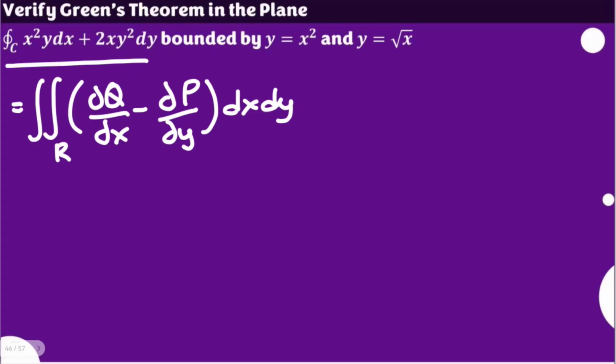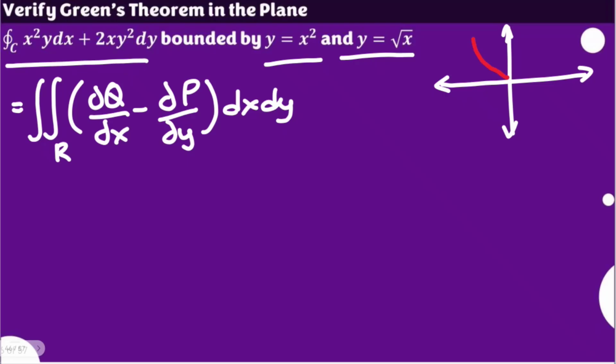When we talk about these two boundaries here, they are both curves. Allow me to just have a draft here. If we're talking about y is equal to x squared, we know that it's a parabolic curve opening upward. Let me just assume that my graph here is appropriate.